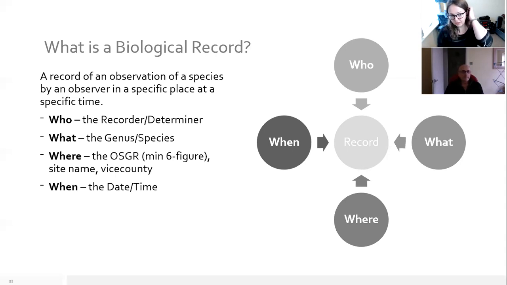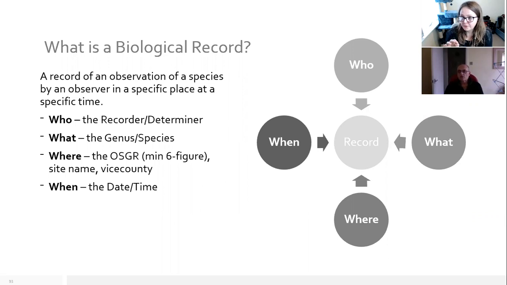Biological recording. So to create a biological record, you require a minimum of 4 pieces of information. You need who, what, where, when. You need who you are, who the person identifying the bat is. That's the recorder. What, which is what species of animal or plant you have recorded, where you've recorded it, hopefully to a great degree of precision, and when you've recorded it.